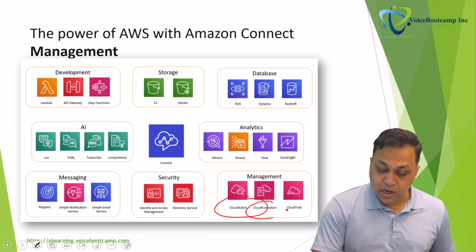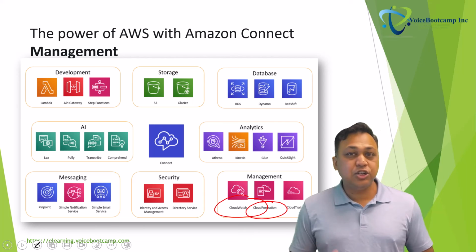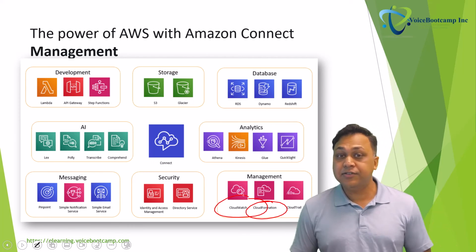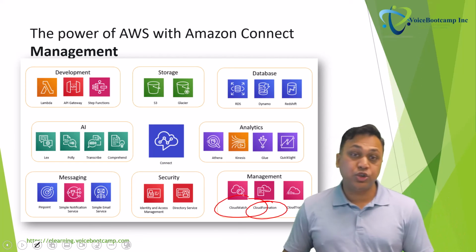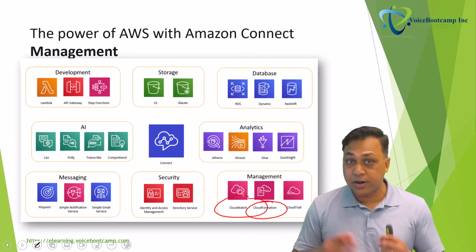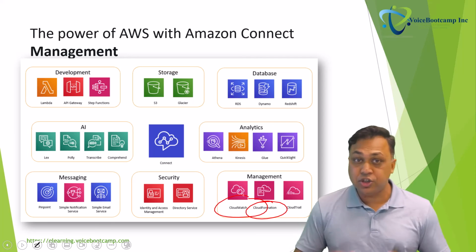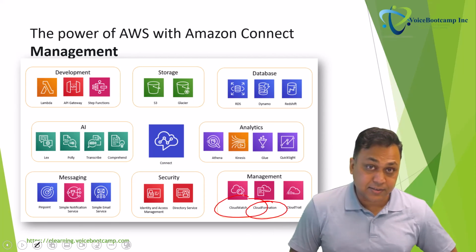You could use CloudFormation, though it is currently not supported directly for creating an instance. However, it does support AWS CloudFormation templates for any other associated service, such as integrating a database export. You cannot use CloudFormation at this moment to create an Amazon Connect instance.